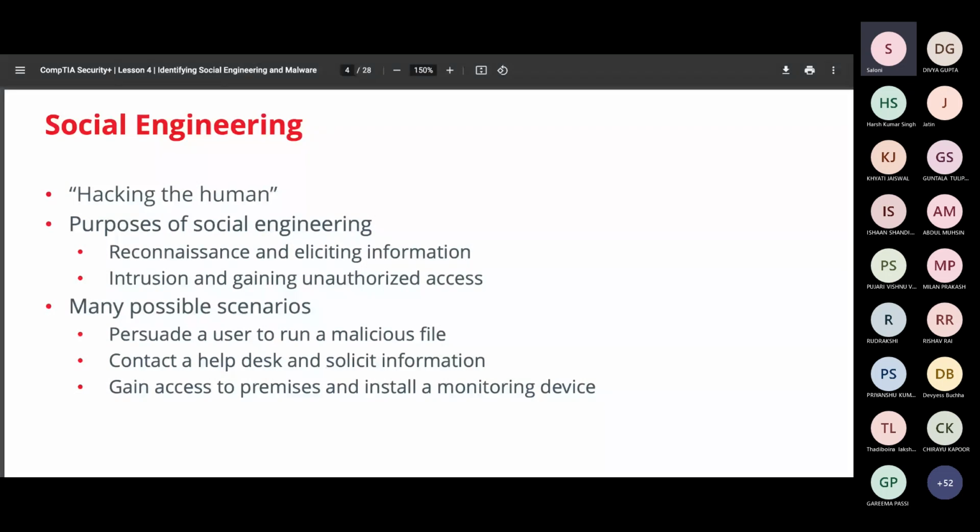with this social engineering. Now, the scenarios given here are: contact a help desk and solicit information, gain access to the premises, install a monitoring device, and the very first point, persuade a user to run a malicious file.